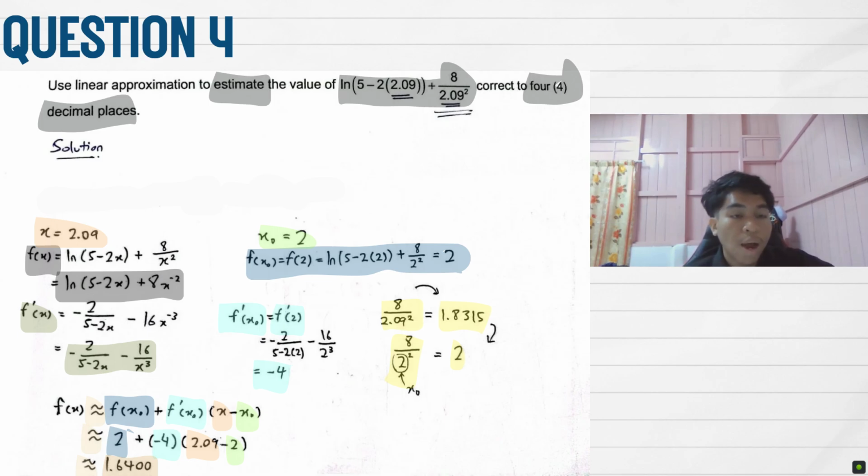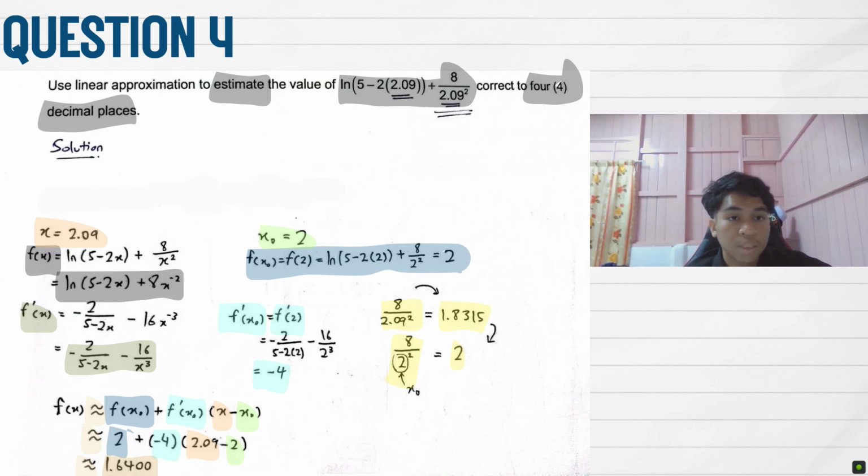And then I substitute the 2 into the function I differentiated, which is negative 2 over 5 minus 2 multiplied by 2 minus 16 over 2 cubed, and I got negative 4.